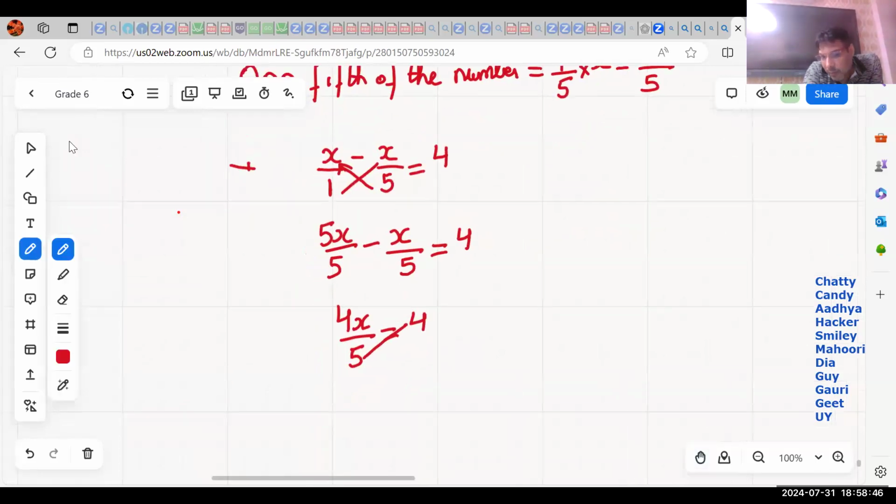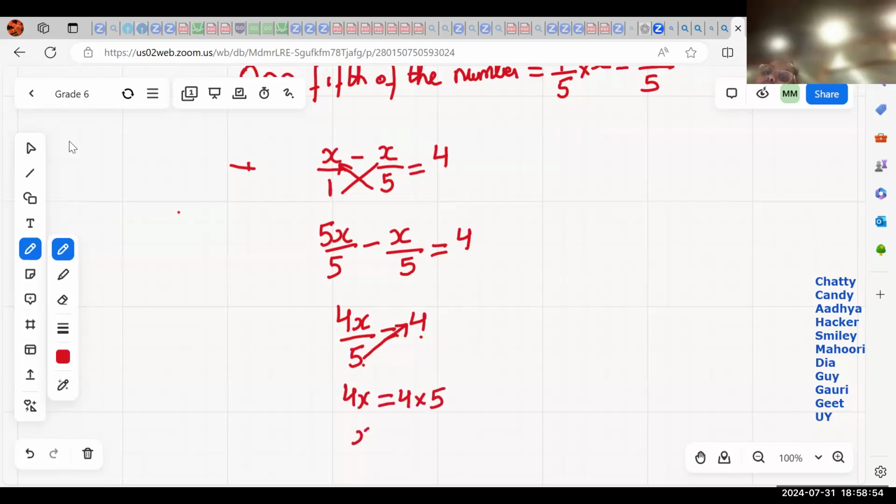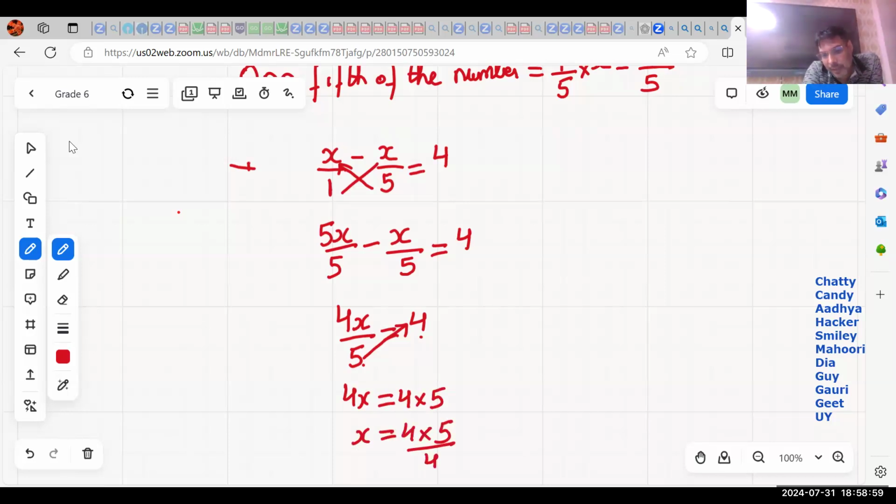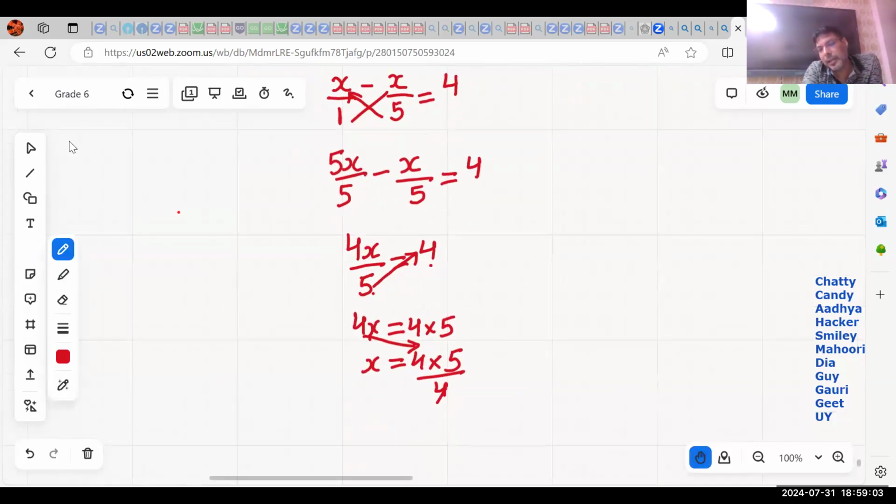Then whatever is in the denominator goes to the other side, joins the numerator. 4x equal to 4 into 5. So x is equal to 4 into 5, divided by 4. Whatever is in the numerator goes to the other side and becomes the denominator. So x will be equal to 5.